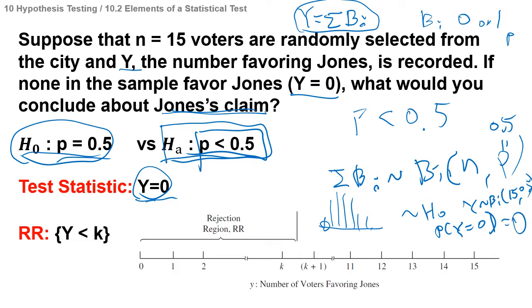Actually, this probability would be very small. Under this null assumption, the probability of observing this test statistic, Y equals 0, would be very small. So probably we would reject the null hypothesis. We would reject H0, and we will accept the alternative hypothesis, which is that less than 50% of people favor Jones.